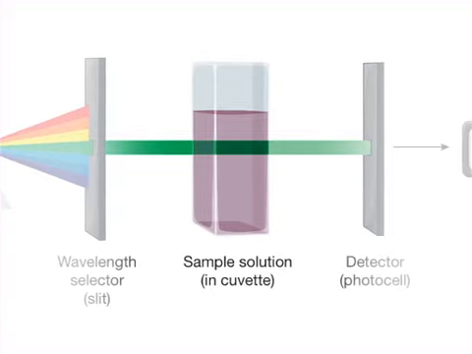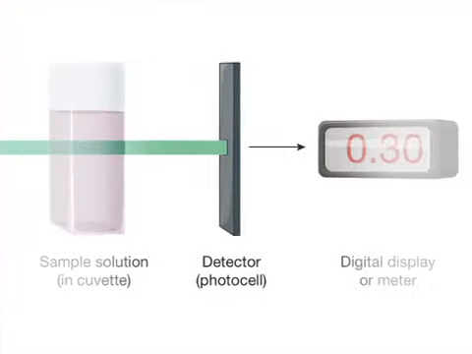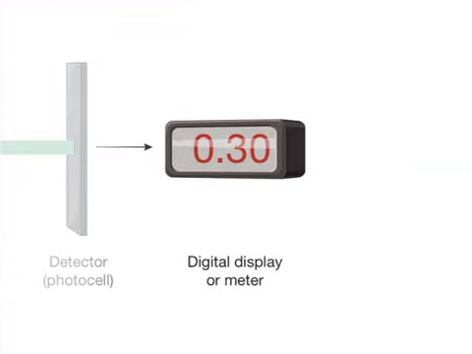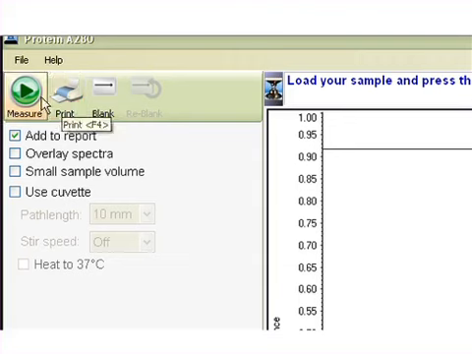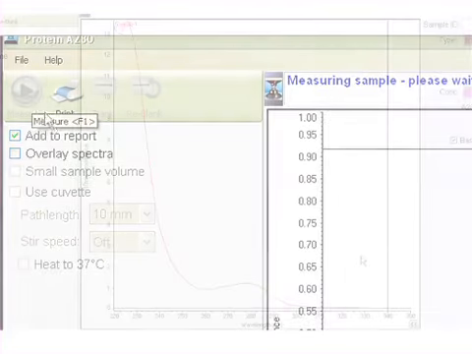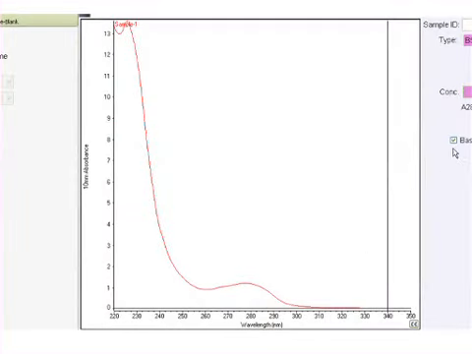The spectrophotometer also includes some sort of sample holder, a photoelectric detector, and a screen to display the output of the detector. Newer spectrophotometers are directly coupled to a computer where the experiment parameters can be controlled and results are displayed.